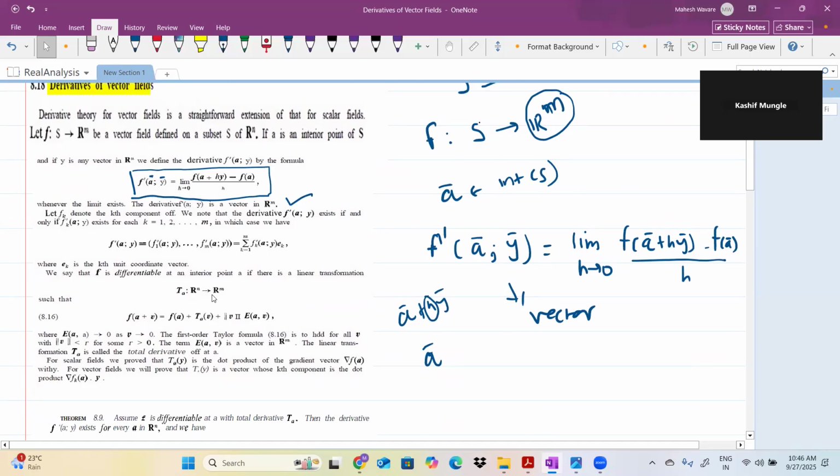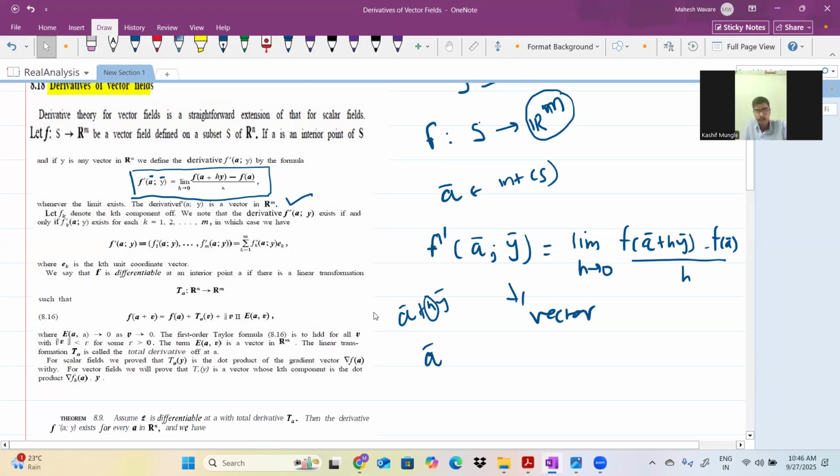Now, likewise, as with the scalar field, here also we say this vector field f is differentiable at the same interior point whatever you have chosen here, if there exists a linear transformation. This is an important statement. The condition of differentiability, you may treat it as the definition.